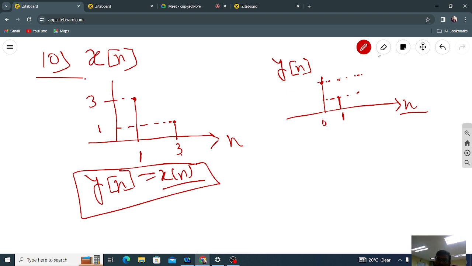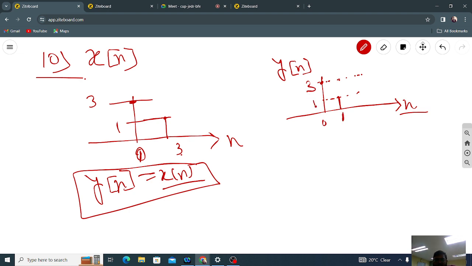Sorry, there is a modification of this question. Probably something was wrong there. This is the actual question. This is the value 0. This is the value 3. At 3 it is taking the value 1. For y, it is taking the value 3 at 0.